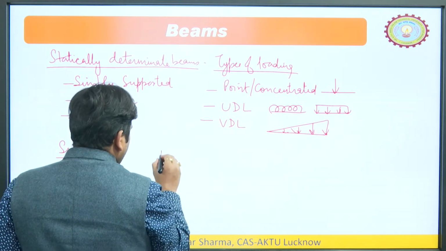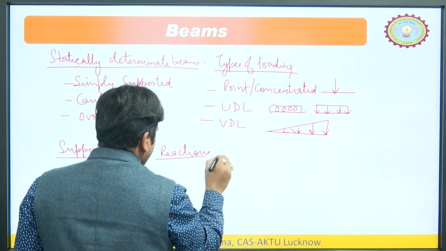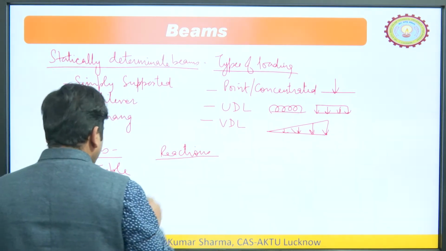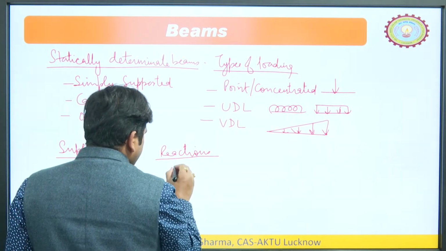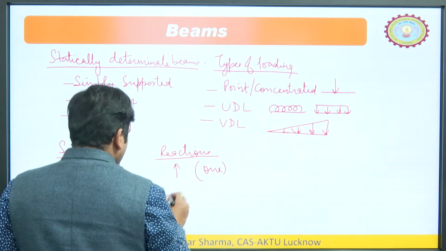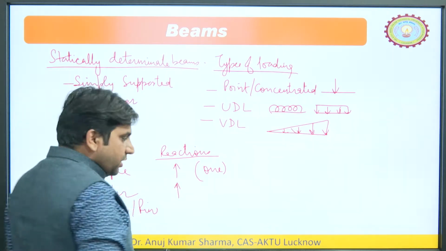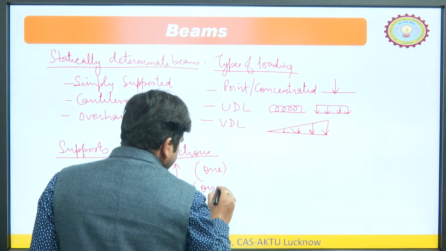These things are very important to understand when we draw the free body diagram to solve any beam. A simple support always gets one reaction. With a roller support, the reaction is perpendicular to the roller surface, so again we always get one reaction.